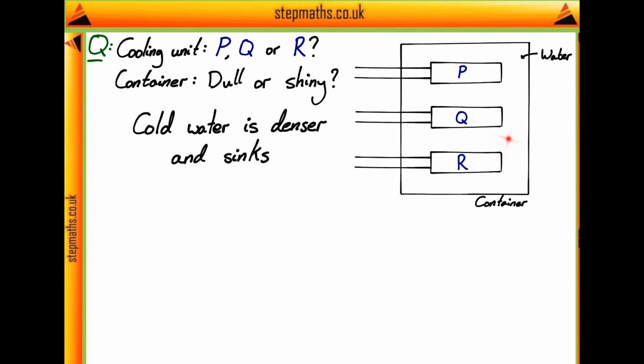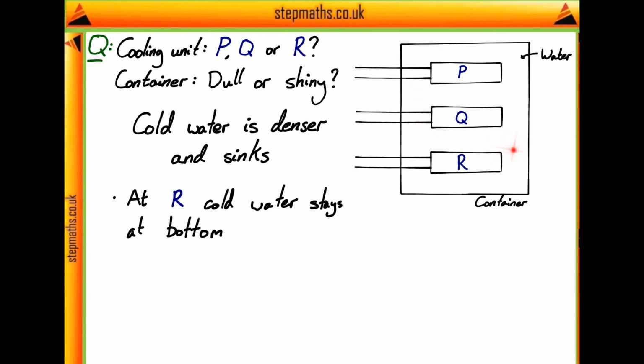and it will be replaced by some warmer water. So if we were to put our cooling unit at position R, then it's just going to cool the water around the bottom. And since this is already at the bottom of the container and the cold water is just going to get denser, the water is just going to stay at the bottom of the container. So the cooling unit will eventually cool the rest of the container, but it's not going to happen as efficiently as possible.